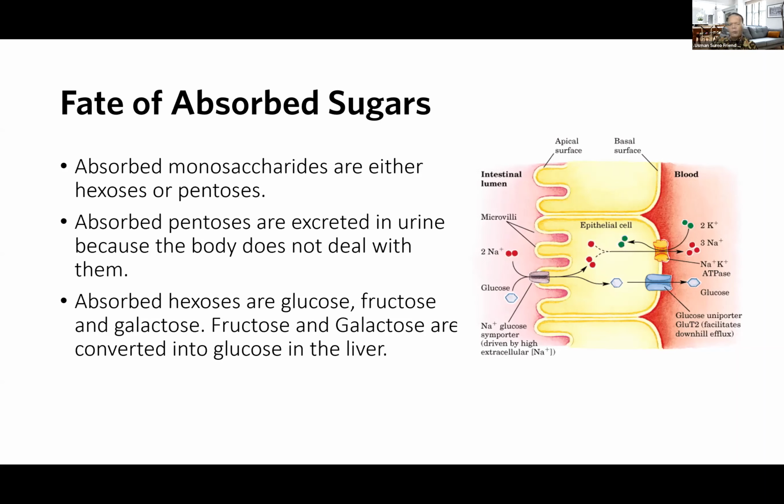Fructose and galactose are converted into glucose in the liver. You can see the diagram on the right side. There is a mechanism, but the figure is very small, so it's difficult for me to explain to you. But right after this lecture, you can see the figure by using a special glass to enlarge the figures. Next slide, please.